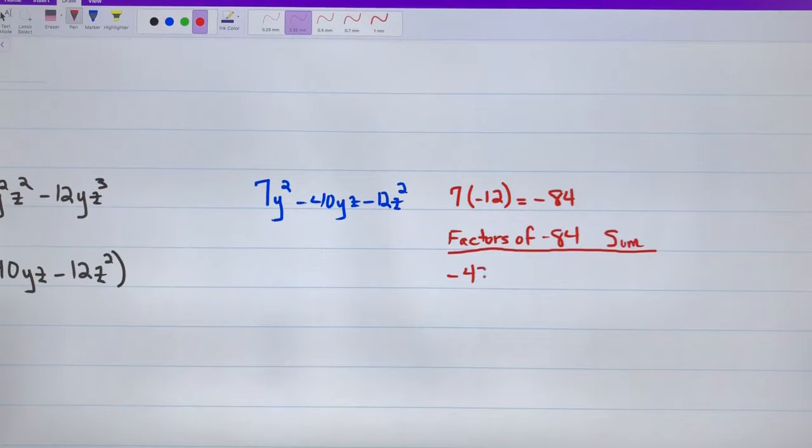So for these numbers, we will have negative 42 and positive 2. Again, these factors add up to negative 40, so we can split up the yz term in the middle.